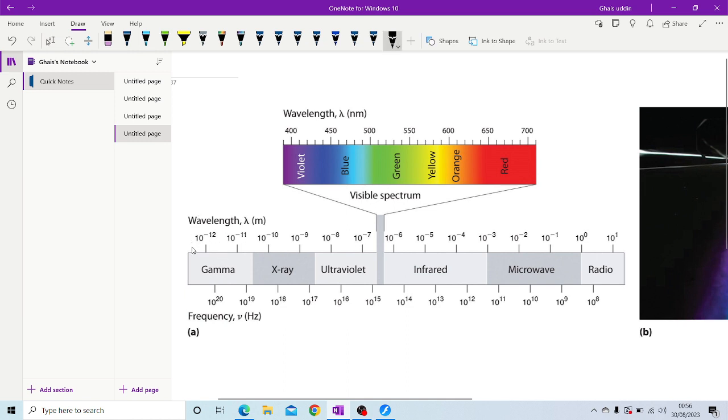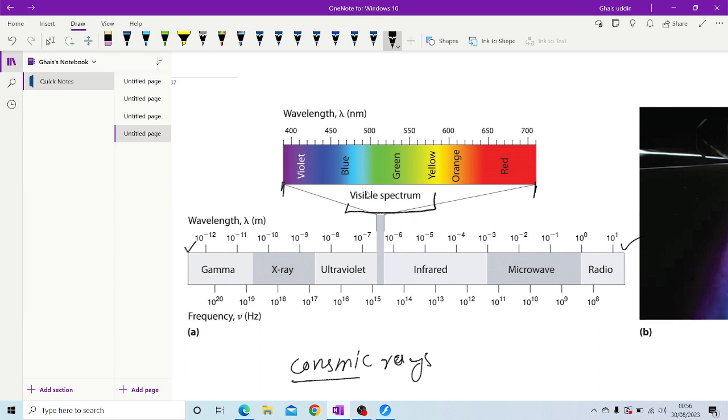For example, from gamma rays to radio waves, and there are also cosmic rays. This part from violet to red, from 400 nanometers to 700 nanometers, is called visible light, and its spectrum is called the visible spectrum.